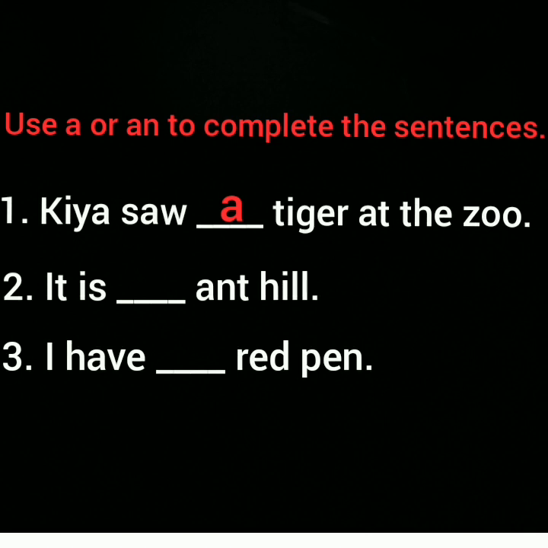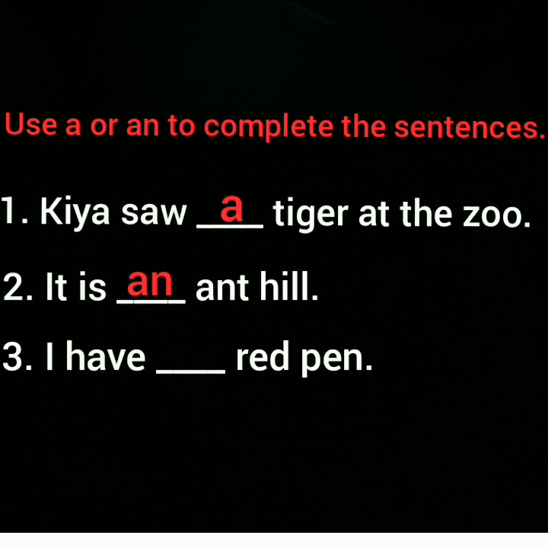Number 2. It is dash ant hill. Kids, which is the first letter after dash? Yes, A. And A is a vowel. So we will write AN. It is an ant hill.